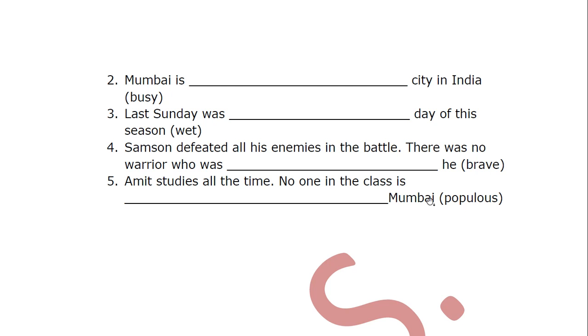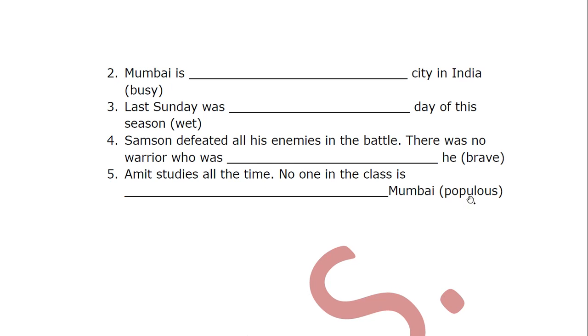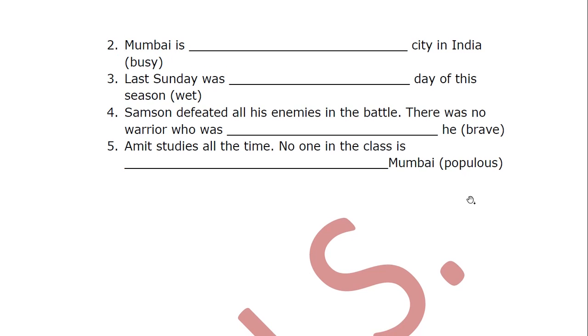Okay, this will be Amit and this will be studious. So no one in the class is as studious as Amit or more studious than Amit. This is Amit over here, remember. And this word is studious. Clear?